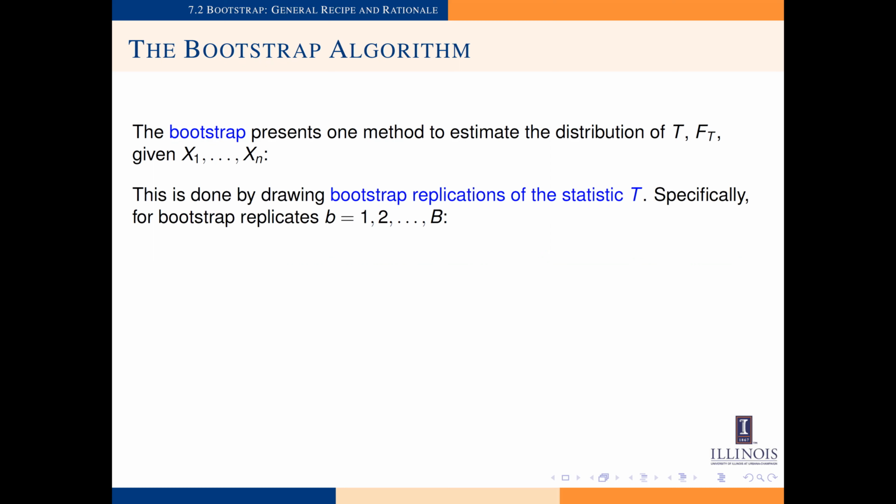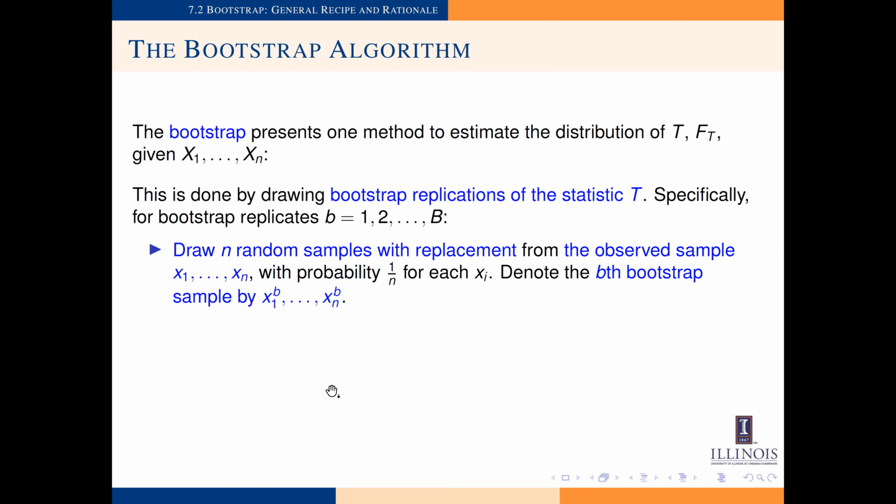Specifically, for each bootstrap replication, small b, ranging from 1 to large B, we want to draw n random samples with replacement from the observed sample x1 all the way up to xn, where each of these outcomes is associated with probability 1 over n. So essentially, we are resampling n random samples from the observed sample we have, where each outcome has equal probability of occurring.